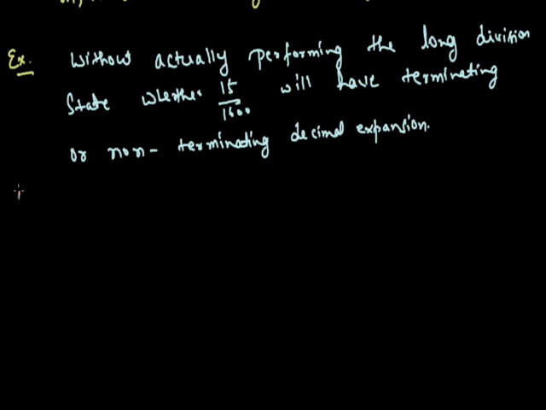So solution for this: 15 upon 1600. Now first we will find the simplest form of 15 upon 1600. So this will be equal to 3 upon 320. Now the prime factorization of 320 is 2 to the power 6 into 5.